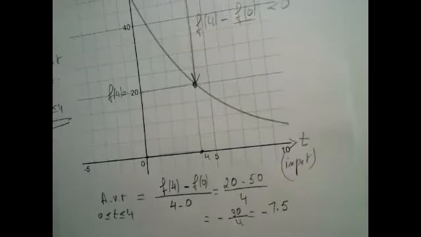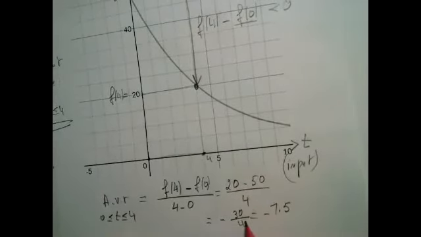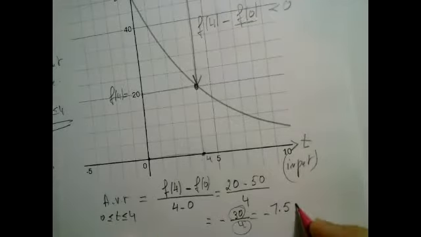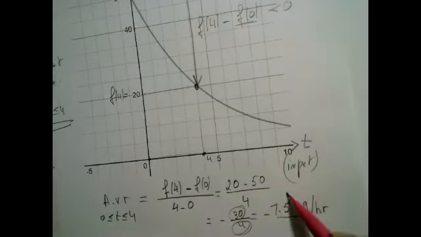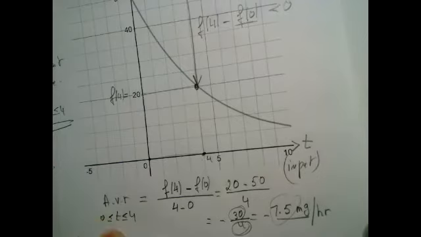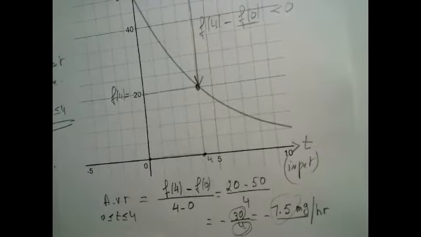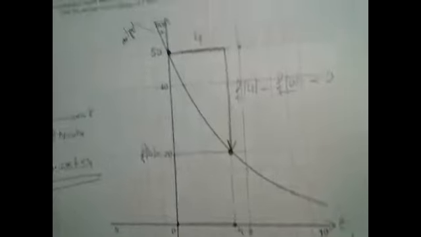Over a 4 hour period, we lost 30 milligrams of nicotine. When divided by 4, it gives me on average how much we lost per hour. So this is minus 7.5 milligrams per hour. It tells me not exactly how much, but on average, over the first 4 hours, we lost 7.5 milligrams per hour. That's the unit. So that's the average rate. It's like a distance: on average, what's really going on.